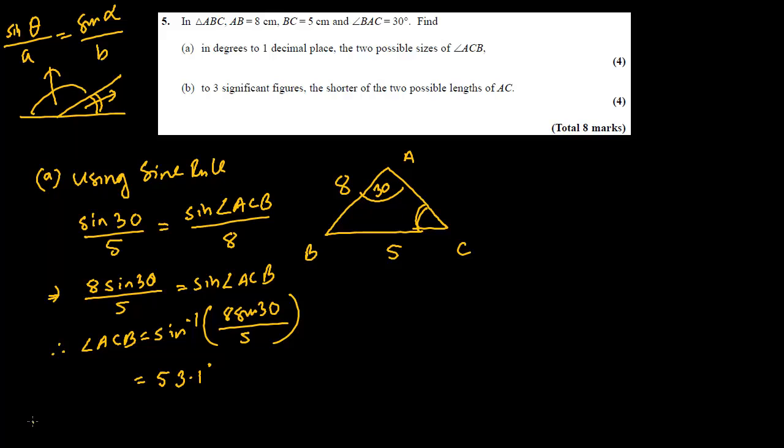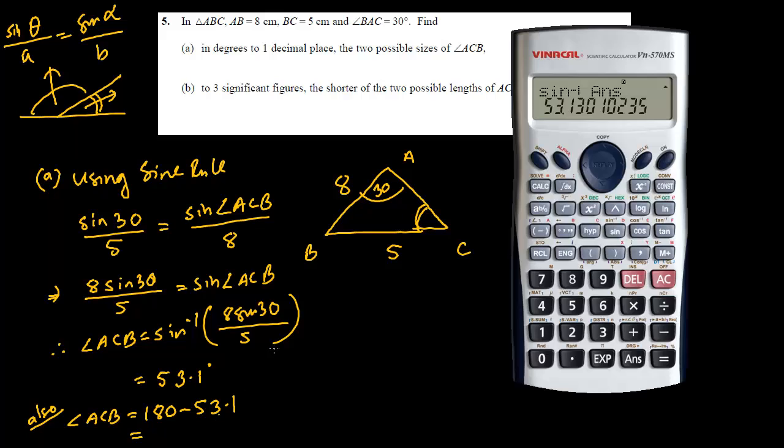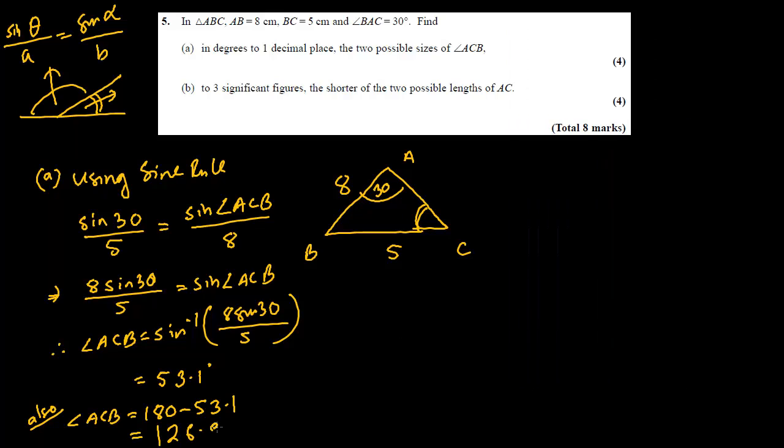So also angle ACB equals 180 minus 53.1, and that is 126.9.